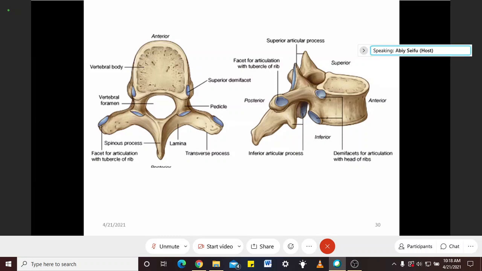That means the 11th and 12th thoracic vertebrae don't have the facet on the transverse process. Sorry. Whereas the vertebral foramen is circular.